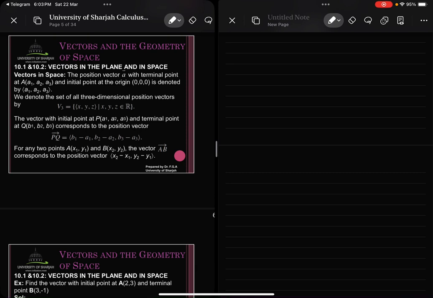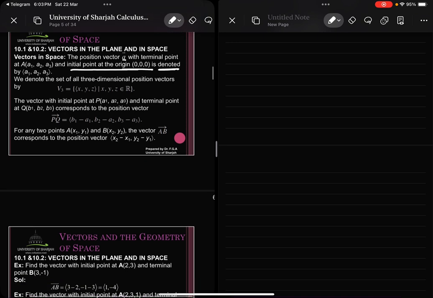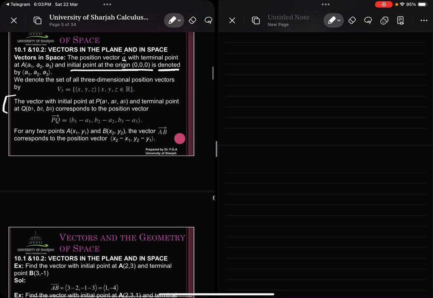Vector in the plane: the position vector A with the terminal point A1, A2, A3 and the initial point at the origin is denoted by A1, A2, A3. Here, let's say the vector with initial point P, A1, A2, A3 and terminal point Q, B1, B2, B3 corresponds to the position vector.